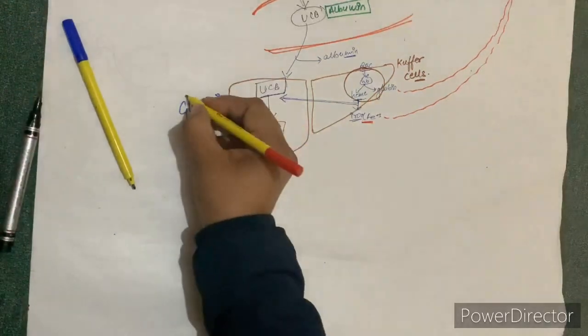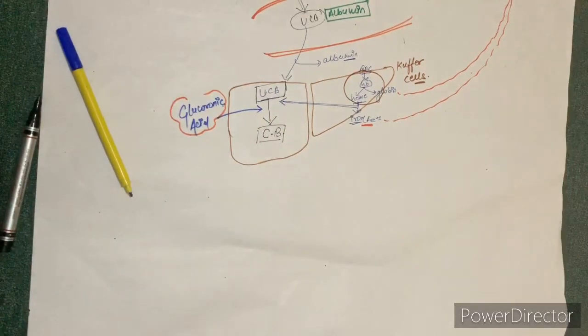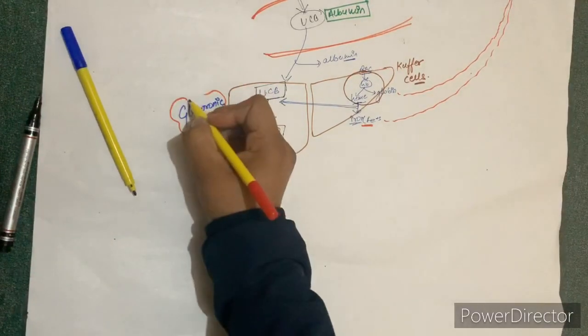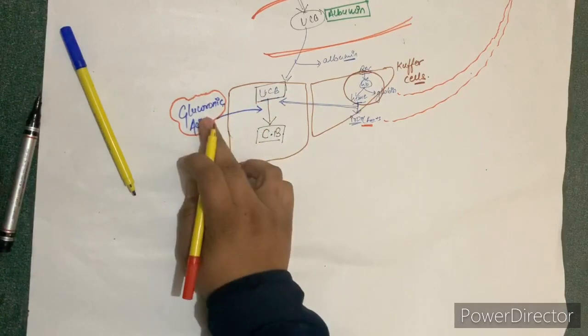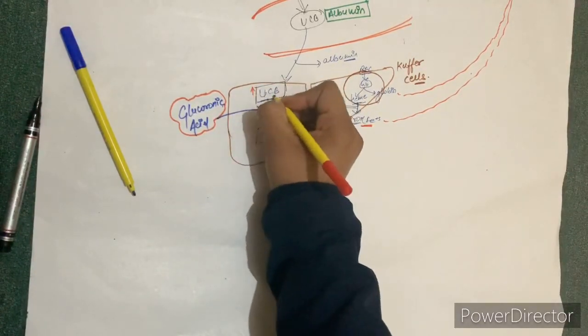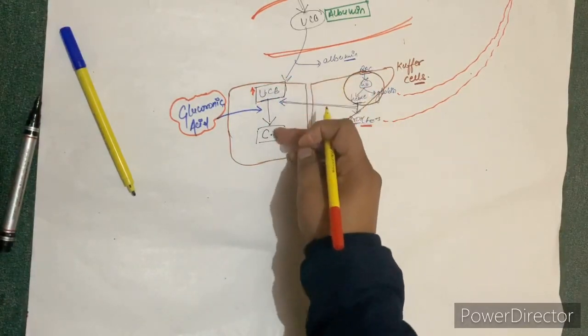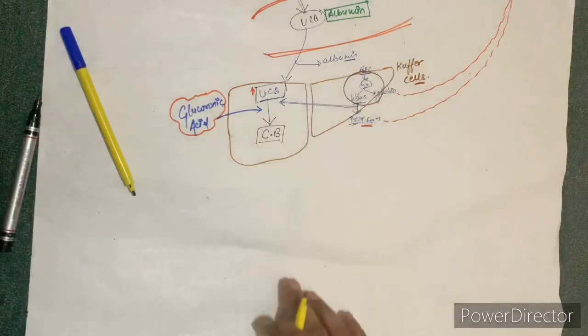Sometimes a lack of glucuronic acid can become a cause of jaundice, because its absence leads to an increase in the level of unconjugated bilirubin, since it is not converted into conjugated bilirubin.